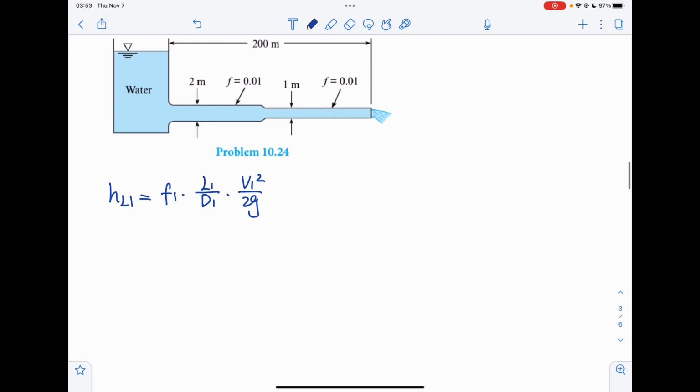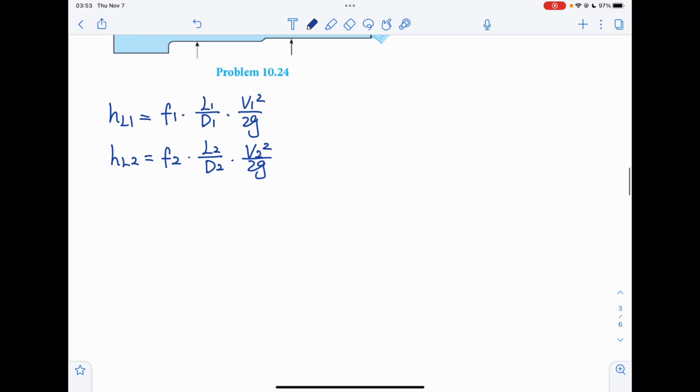The head loss for pipe 2 is f2 times L2 over D2 times V2 squared over 2g. Now we're going to put them together: HL1 over HL2. This is the ratio of the two pipes.